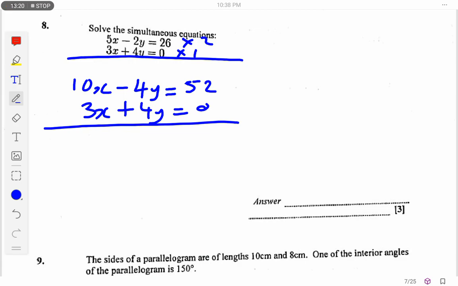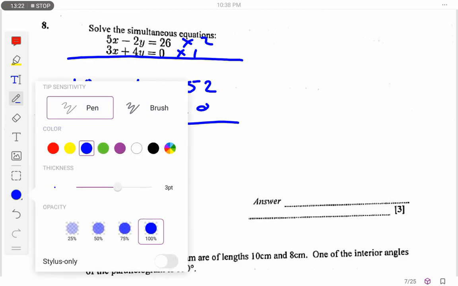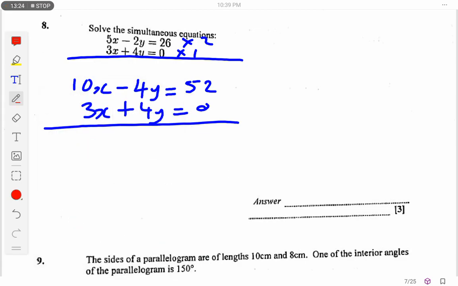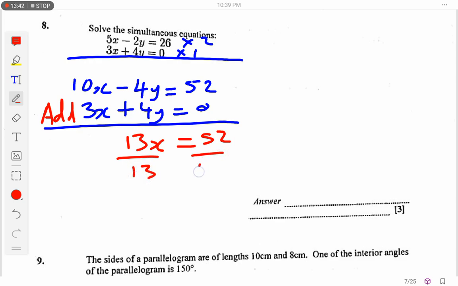I want to do elimination, eliminating y. If I add here, I'll get 13x. 10x plus 3x is equal to 52. Then we divide by 13, divided by 13, and x is equal to 4.